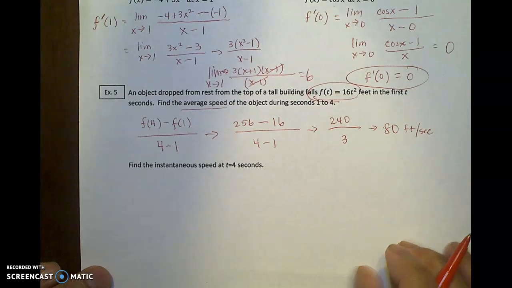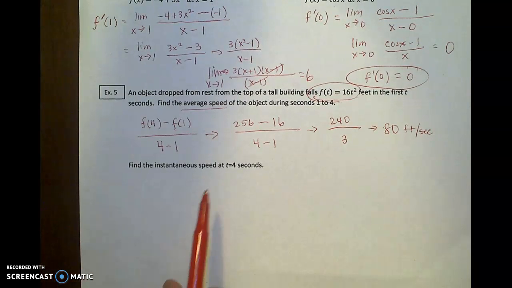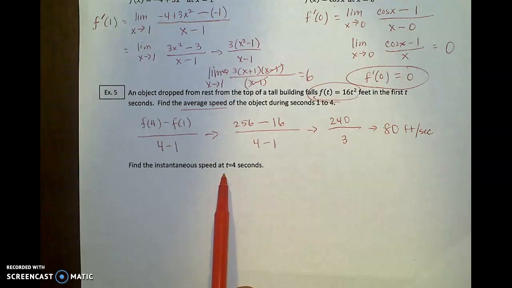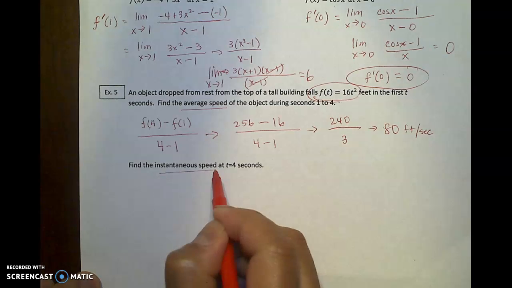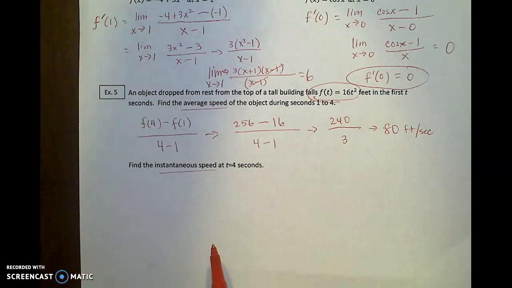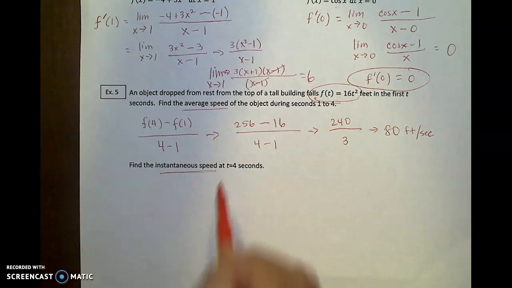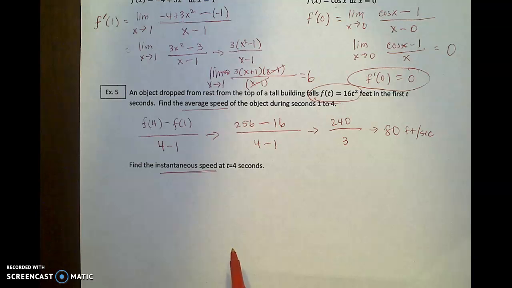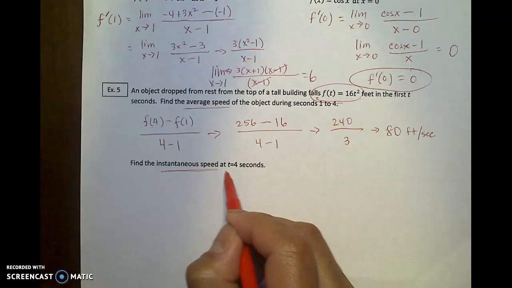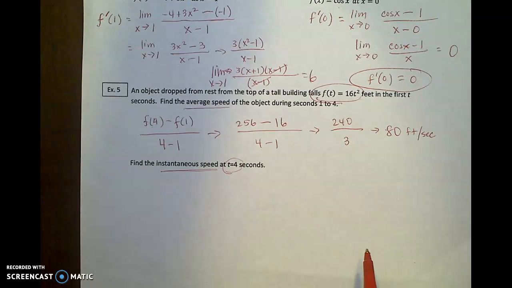Now if we want to find the instantaneous speed, specifically at time equal to 4 seconds, instantaneous speed is the same thing as finding the slope of the tangent line. It's the same thing as finding the derivative of the function at that particular t value.